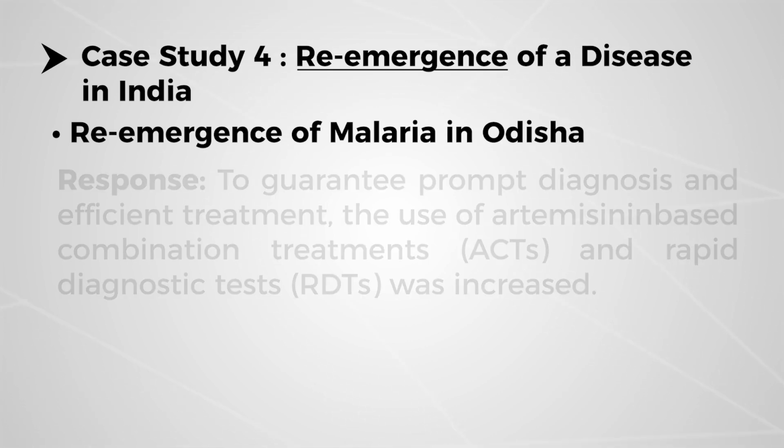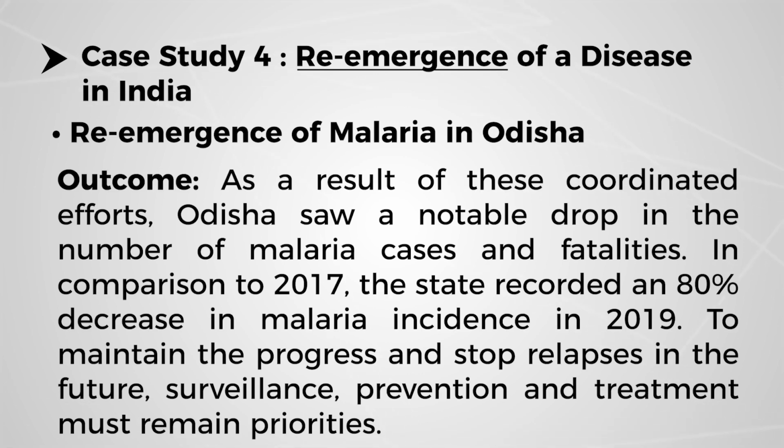So, the outcome: as a result of these coordinated efforts, Odisha saw a notable drop in the number of malaria cases and fatalities. In comparison to 2017, the state recorded an 80% decrease in malaria incidents in 2019, within 2 years. So to control a disease, surveillance, prevention and treatment must remain priorities to maintain the progress.